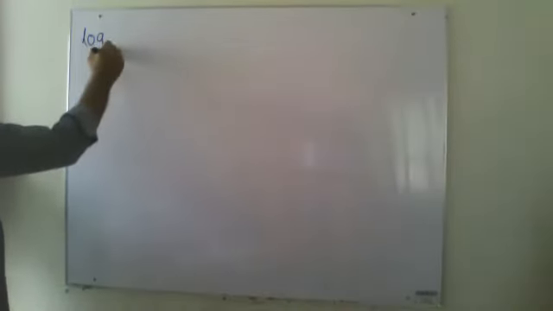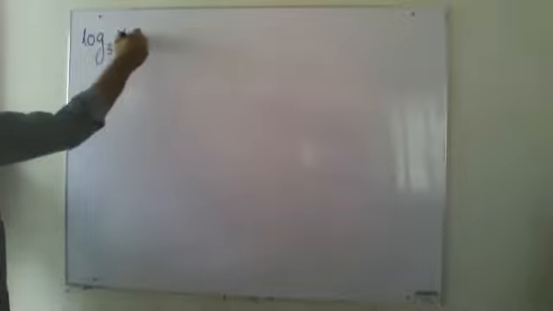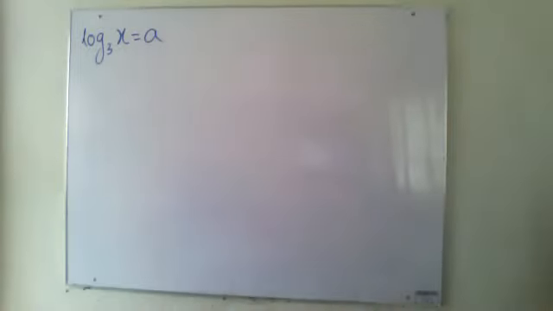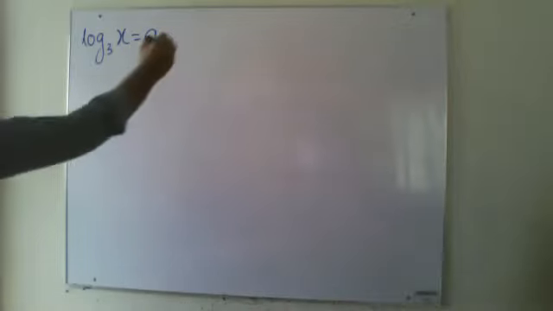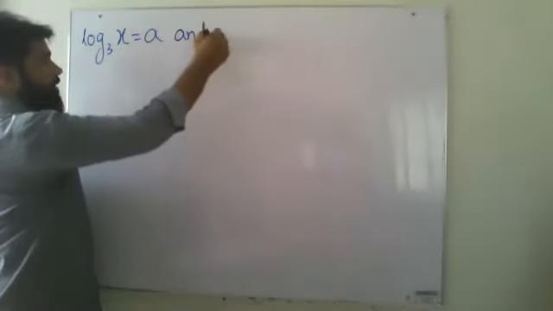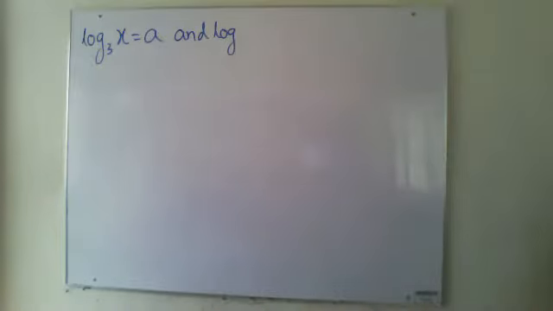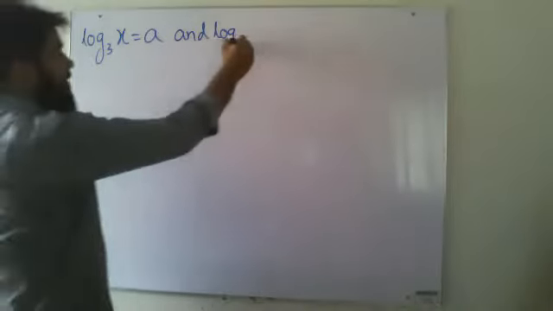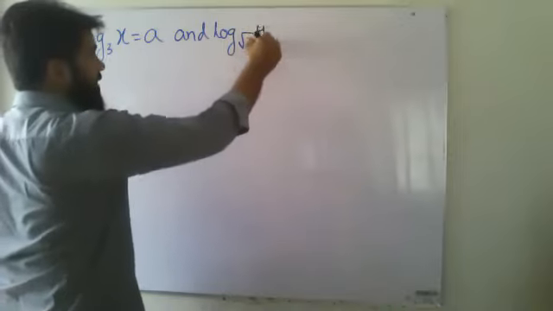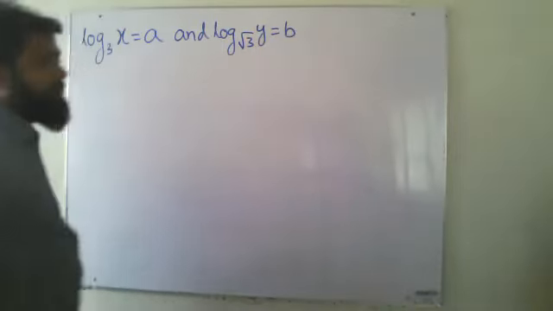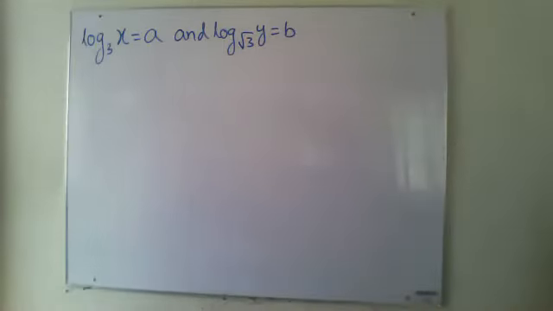Okay, so my new question is like this: log base 3 of x equals a. This is given to me, and log base under root 3 of y equals b. These are the two references given to me.